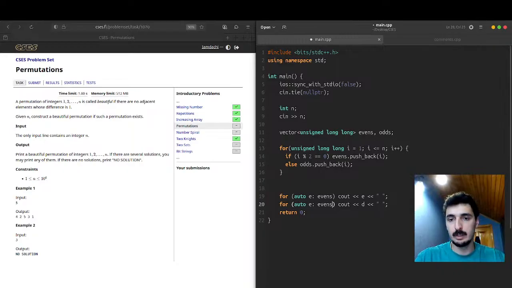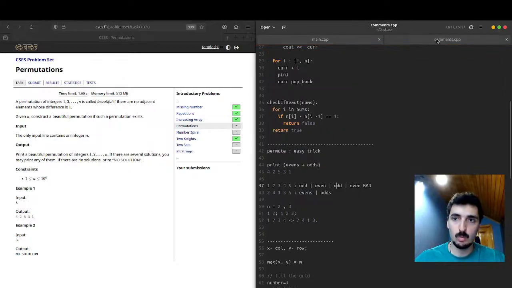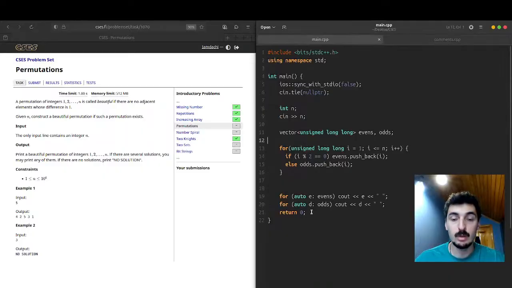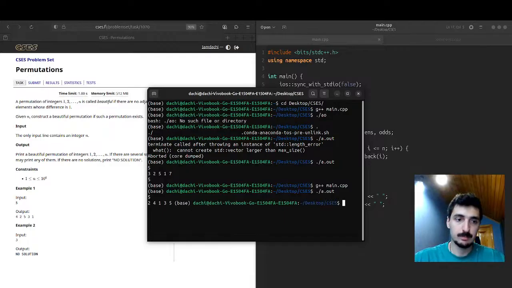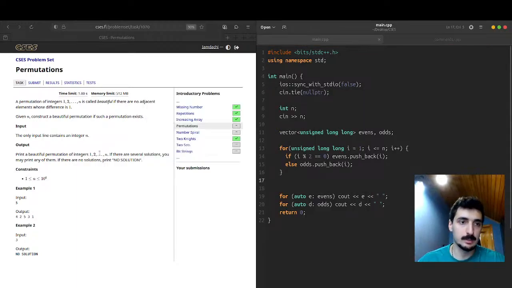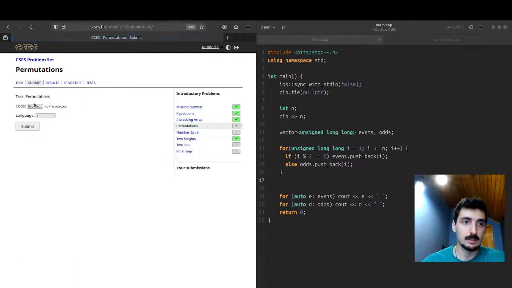Right, this should work, I think. Probably, who knows? Who the hell knows? Except for my CPU. 5. 2 4 1 3. All right, this is good. Personally, I think it is good.